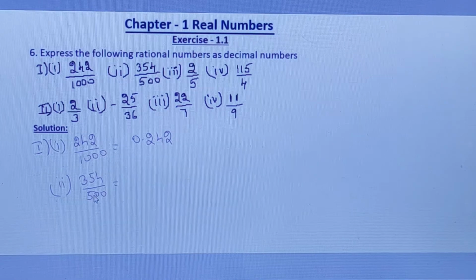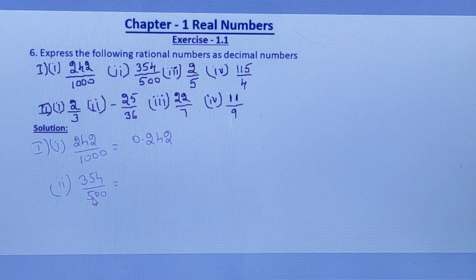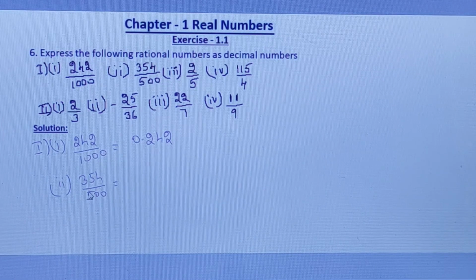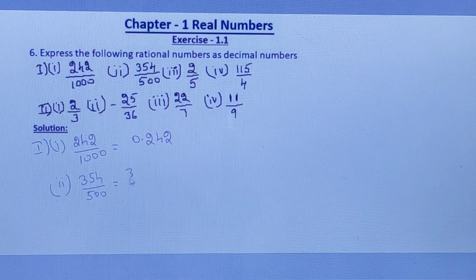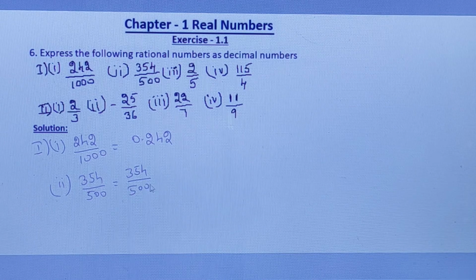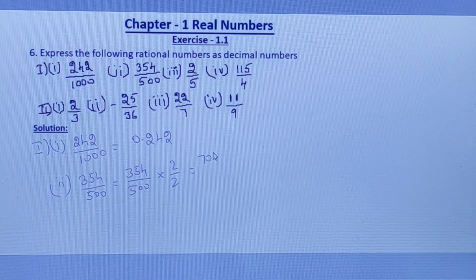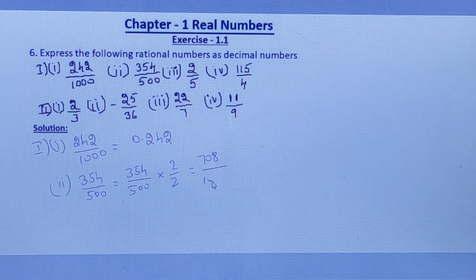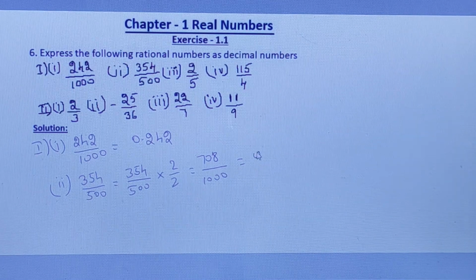Because it is 500, I will multiply and divide with 2 so that it becomes 1000. By 2, this is 708 divided by 1000. Now you can write easily in the decimal form as 0.708.